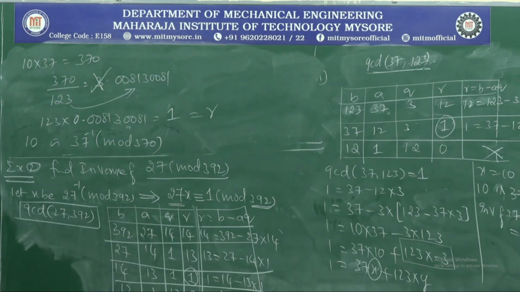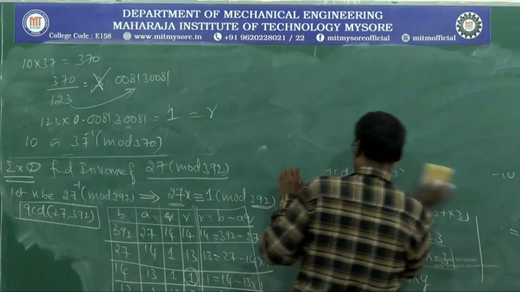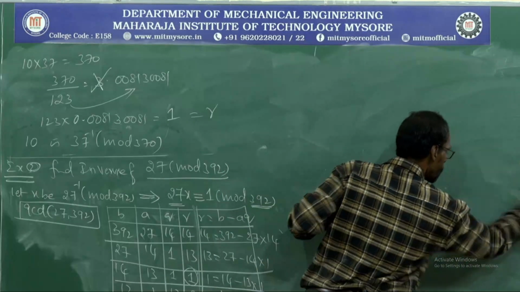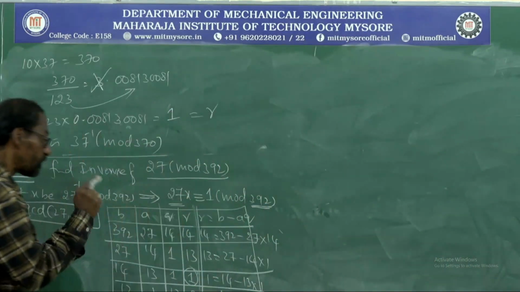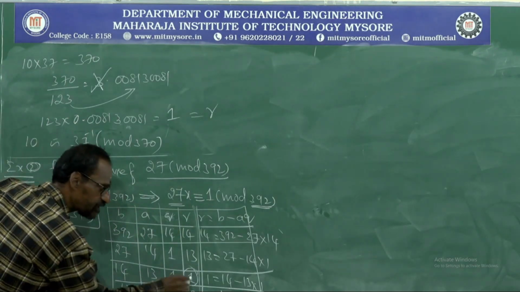Once you get the confirmation, you go with the extended Euclid algorithm to get your X value, that is going to be your inverse of the given problem. I'll continue with this. Now I got the confirmation. What is confirmation? Does the inverse exist? Yes, because the GCD is 1.